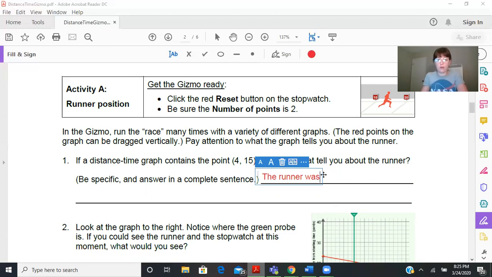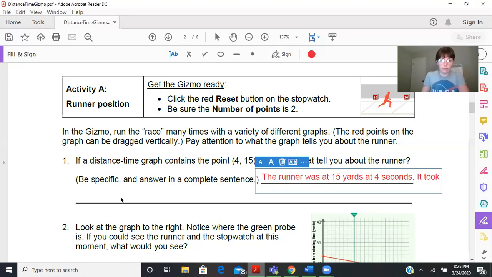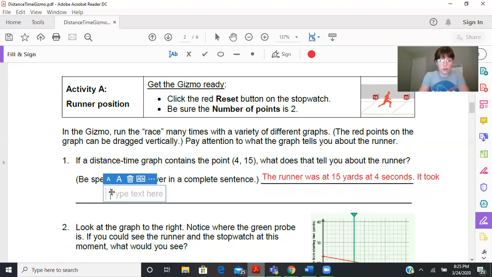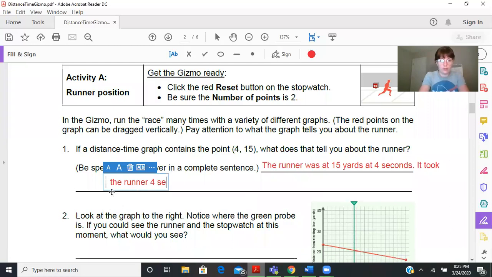Come on, computer. Or I could say it took the runner 4 seconds to get to 15 yards. All right.